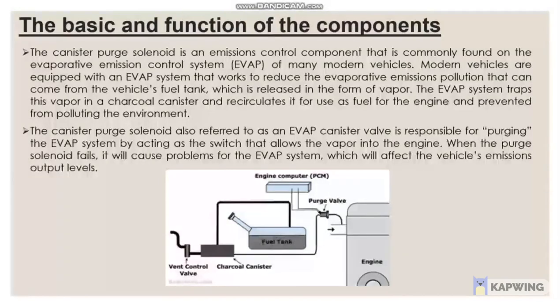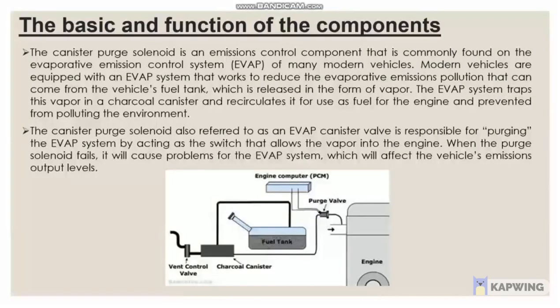Modern vehicles are equipped with an EVAP system that works to reduce evaporative emission pollution that can come from the vehicle fuel tank, which is released in the form of vapor. The EVAP system traps this vapor in a charcoal canister and recirculates it for use as fuel for the engine, preventing it from polluting the environment.